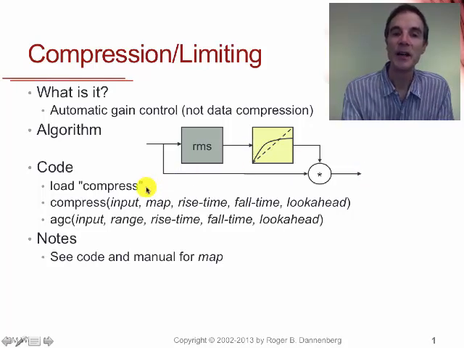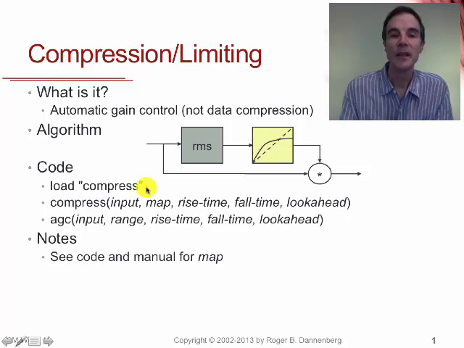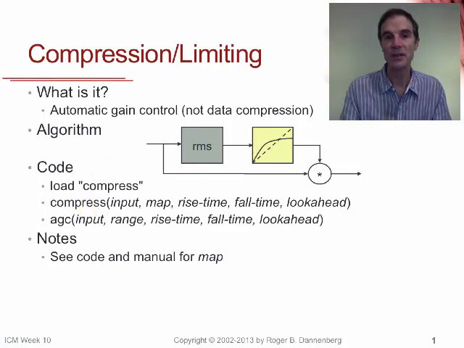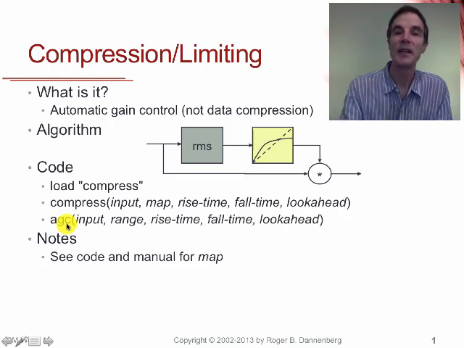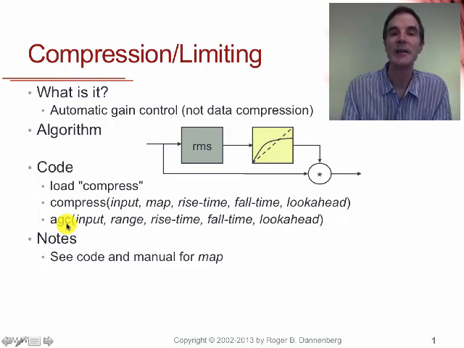You can do this in Nyquist by loading the library called compress, and there are two functions in there that might be useful. The first one is compress, which is a fairly standard compression algorithm. And the second one is automatic gain control, AGC.